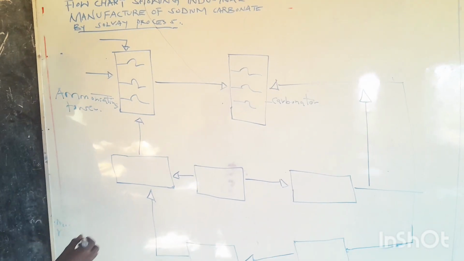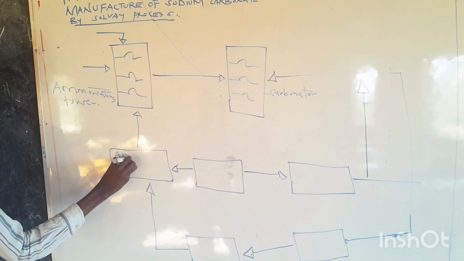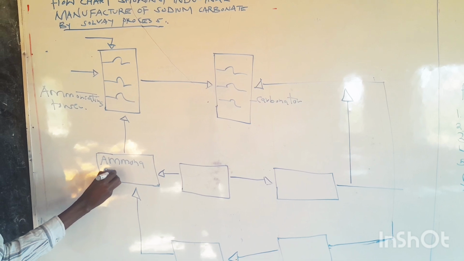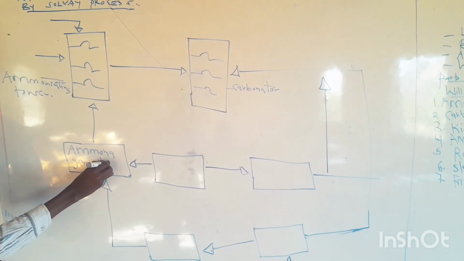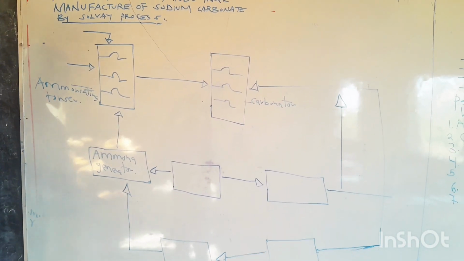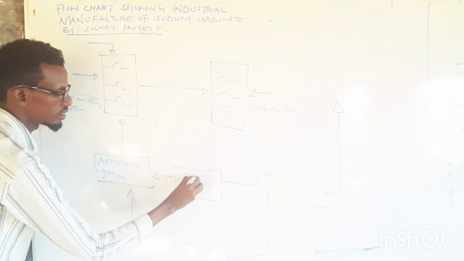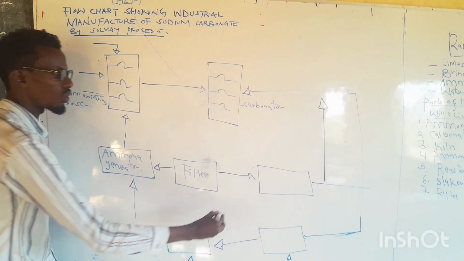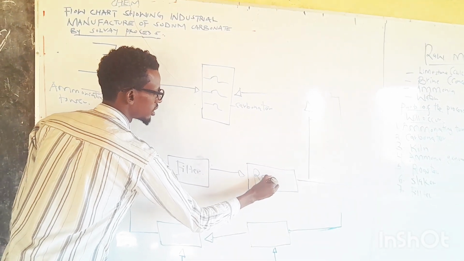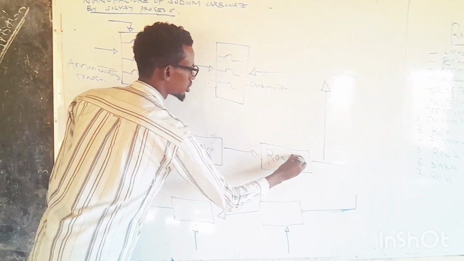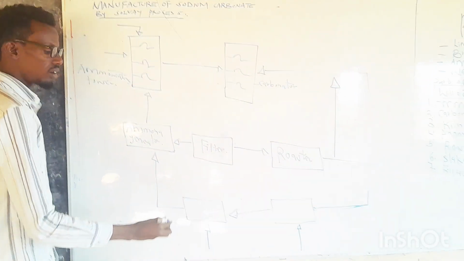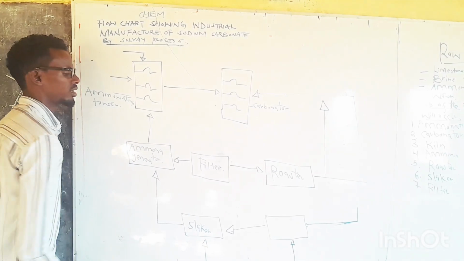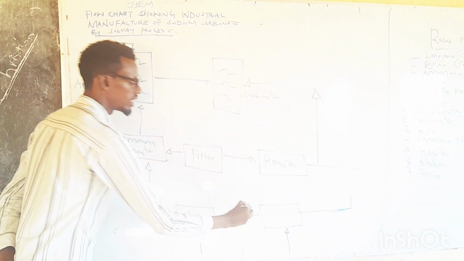Here we have the ammonia generator. This chamber is called the ammonia generator. And here we have the filter. We also have the roaster. We have the slacker. And finally we have the kiln.